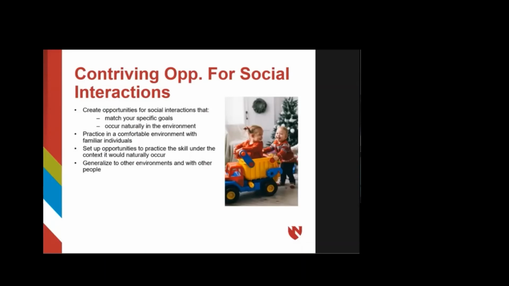After the learner is comfortable engaging in these skills in the home environment and more comfortable environments, we can generalize it to other environments that they may not be as comfortable with, such as the school, a park, a grocery store. And then always remember to provide feedback and prompts as needed, because they're still learning and it's okay to make mistakes.